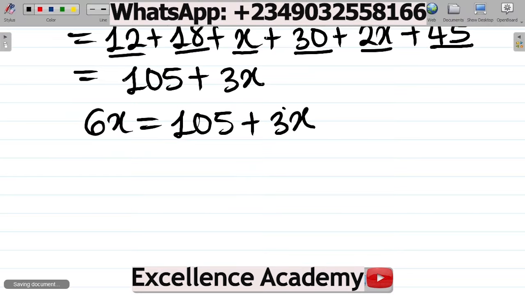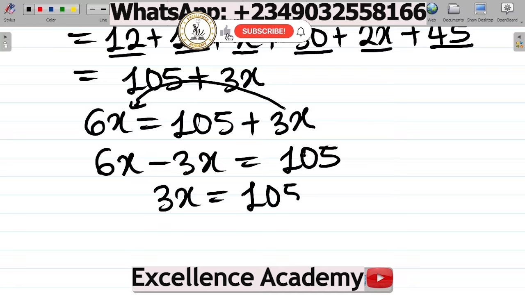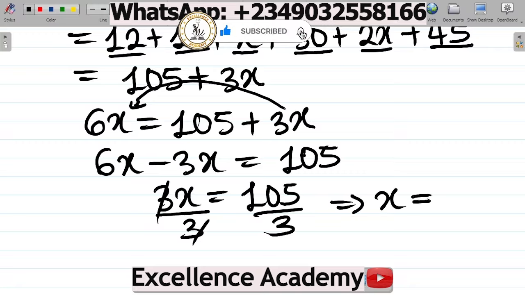Move 3x over here, 6x minus 3x is equal to 105. 6x minus 3x gives you 3x is equal to 105. Divide here by 3, divide here by 3, this cancels this. You have that x is equal to 105 divided by 3, and that will give you 35.